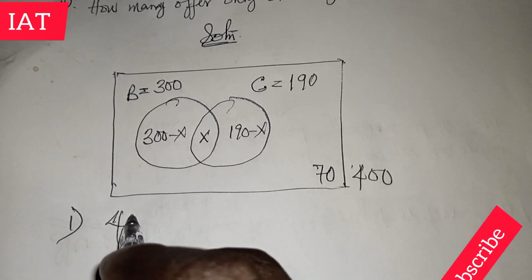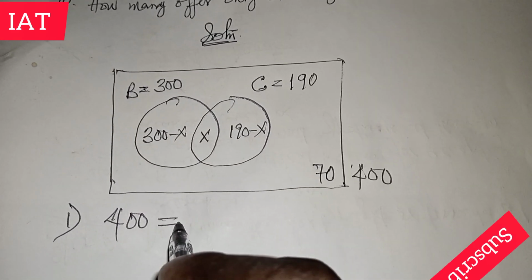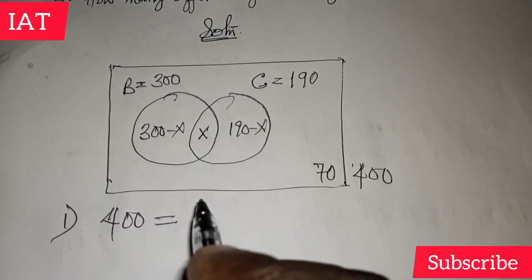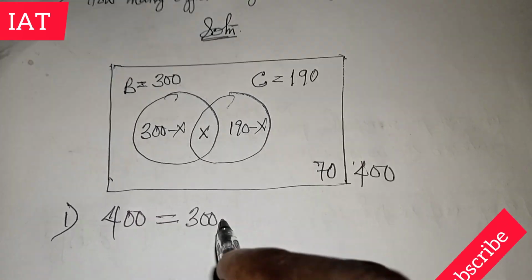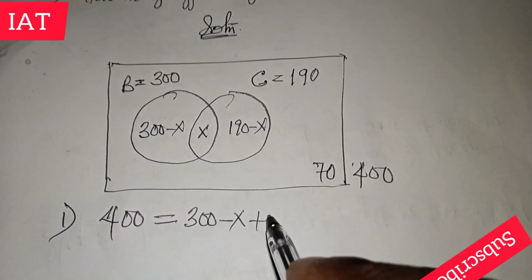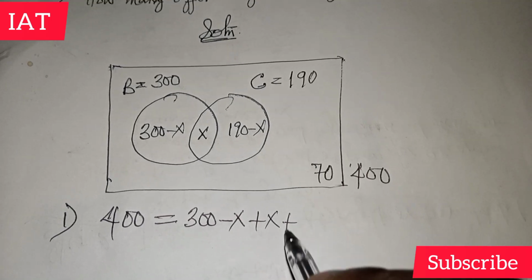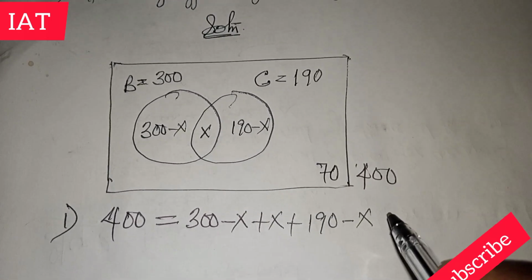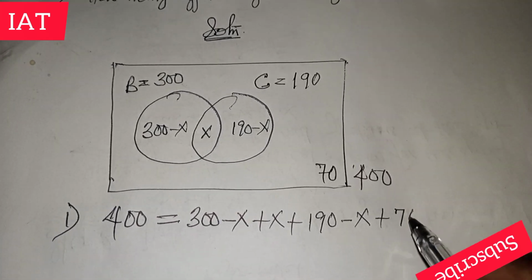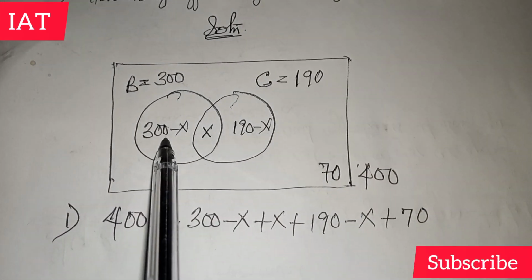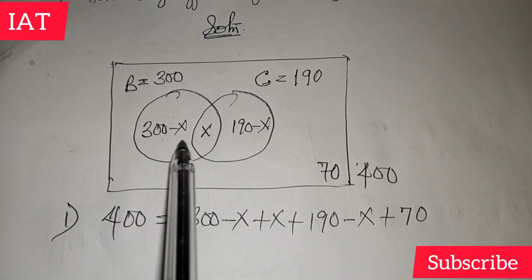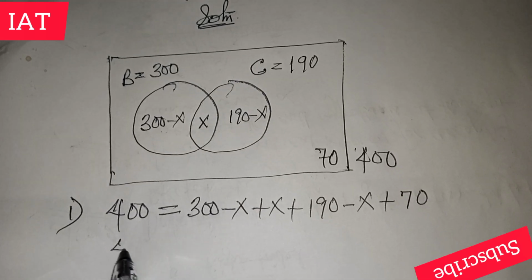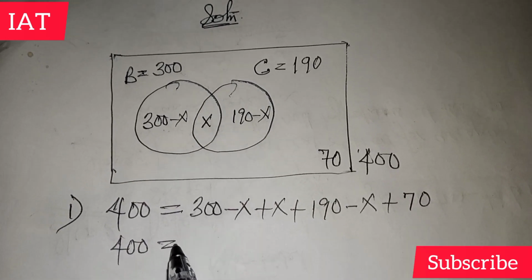So we have the universal set, which is 400, equal to the sum of 300 minus X plus 190 minus X plus this 70. Someone may want to ask, what about the others? We've already used them in the analysis, so we don't need them anymore. So let's add up these parameters we have here.